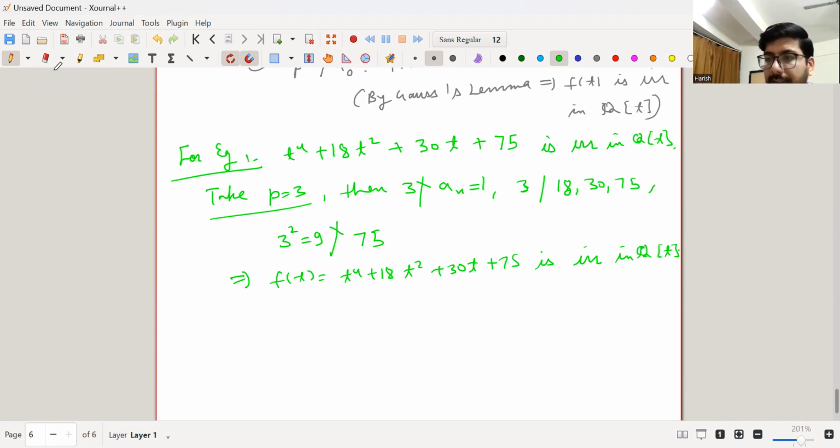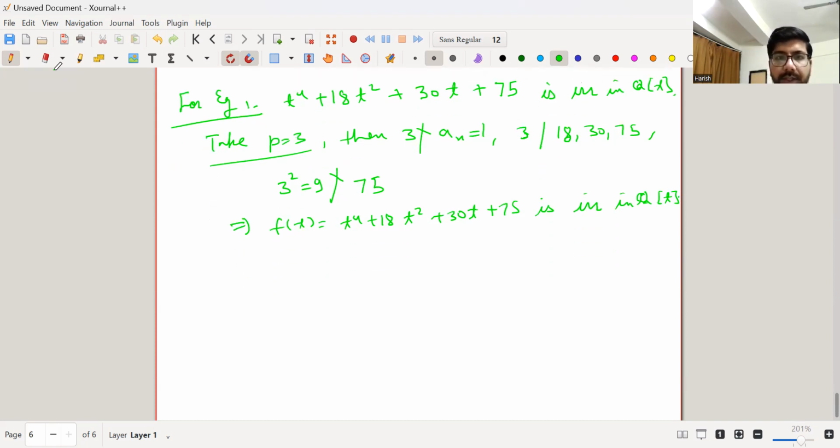So it has a very interesting application, you can say, which I will state as a lemma.